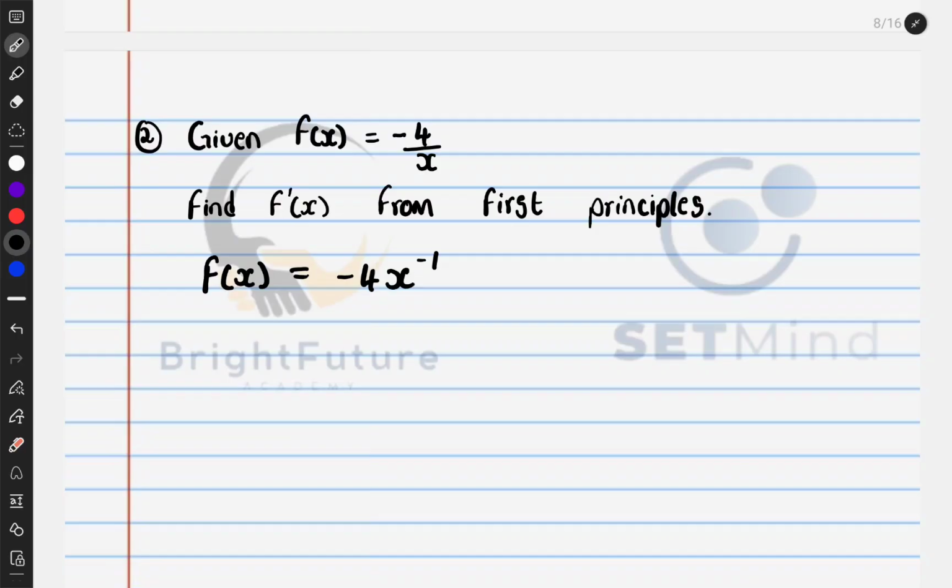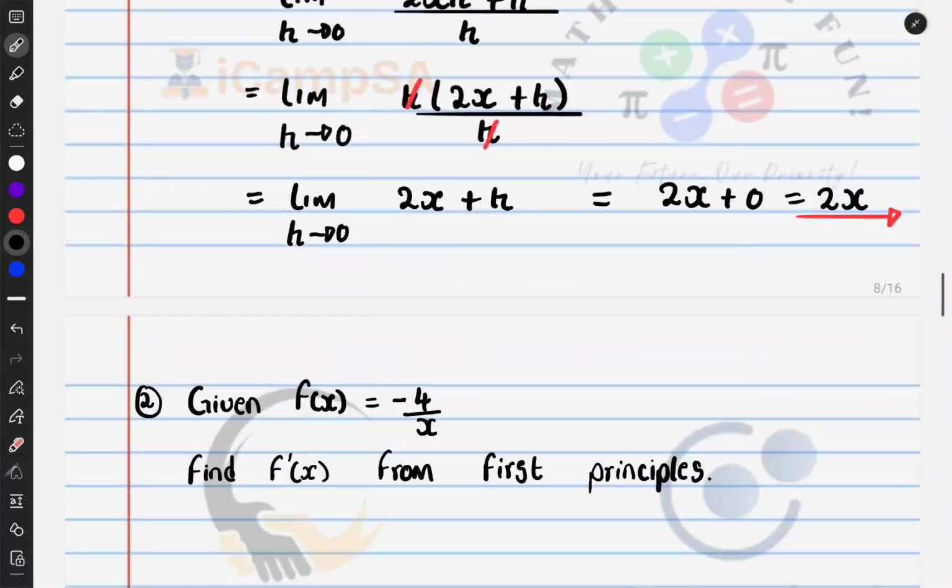I think it's necessary once we are using the power rule to derive. For now, let's just determine the derivative from the first principle, just the same way we did here.